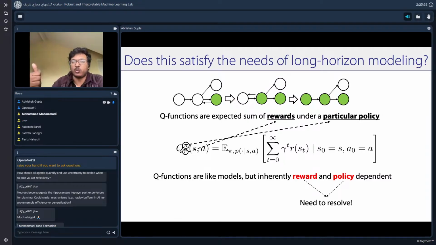Because they're dependent on reward and on policy. You train a Q function for one reward, it's not going to work for another reward. You train a Q function for one policy, it's not going to work for another policy. So it's hard to use directly, but we're going to make a few changes to this framework which will allow us to use it for world modeling, in a way that generalizes to new problems while modeling the cumulative outcomes over the future.